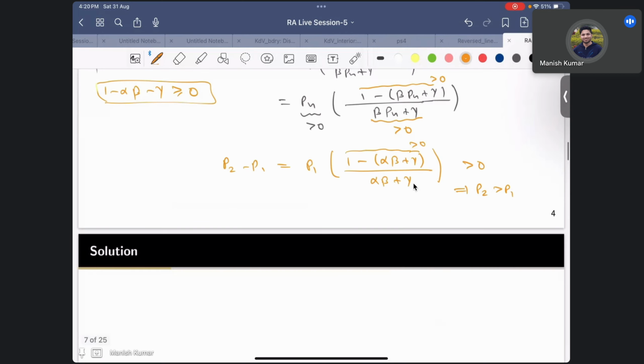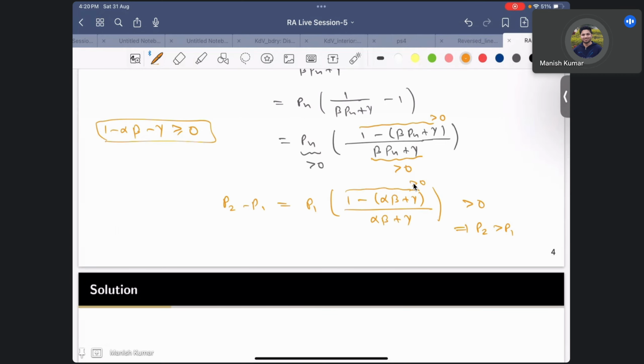So as you can see here, I want to prove that 1 minus beta Pn plus gamma is greater than 0, which holds if and only if beta Pn plus gamma is less than or equal to 1. This is what we need to prove.